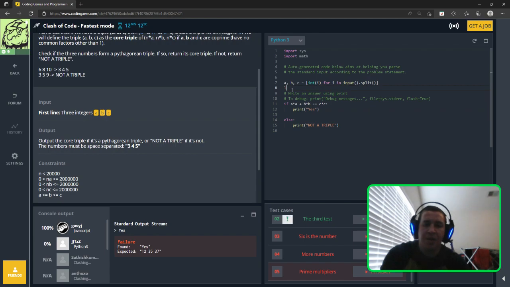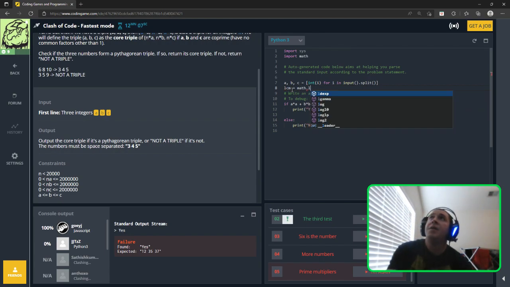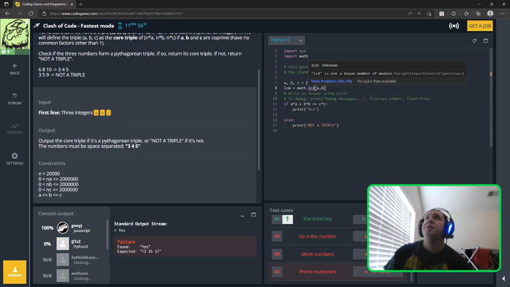Okay. Least common multiple equals math dot least common multiple of A comma B. Least common denominator? What is it? LCD, LCM.